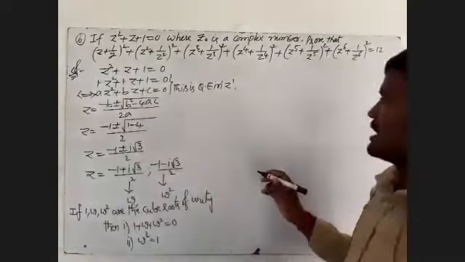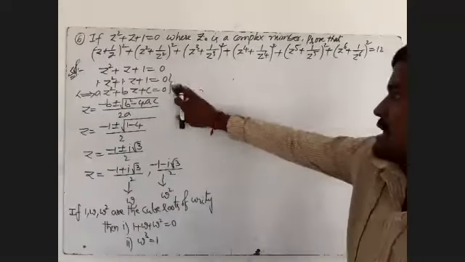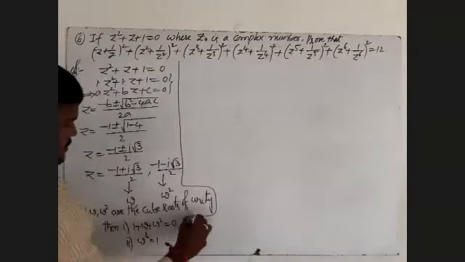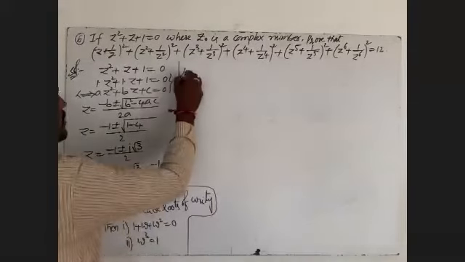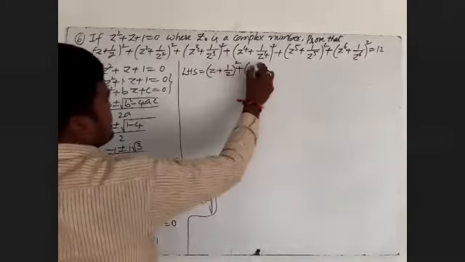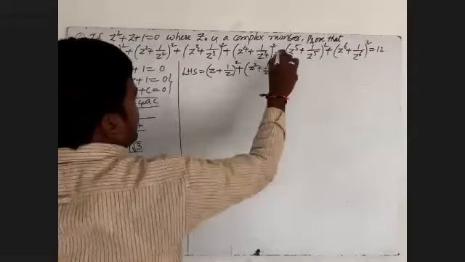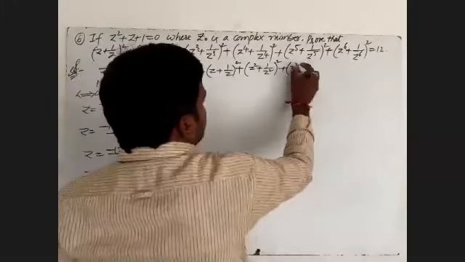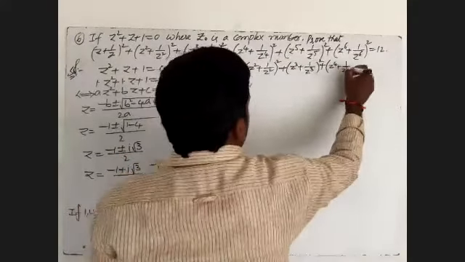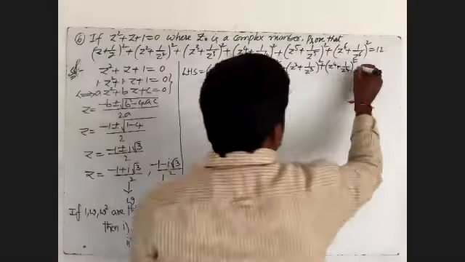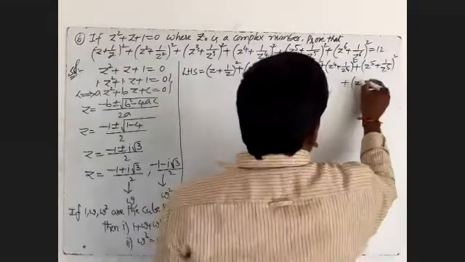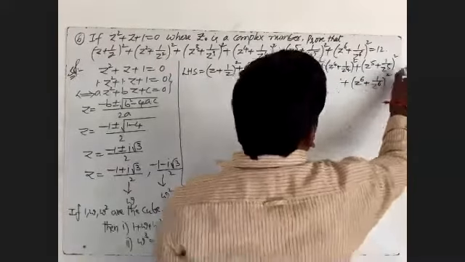Here I will take the value of LHS. First we will take the value of LHS: z plus 1 by z whole square plus z square plus 1 by z square whole square plus z cube plus 1 by z cube whole square plus z power 4 plus 1 by z power 4 whole square plus z power 5 plus 1 by z power 5 whole square plus z power 6 plus 1 by z power 6 whole square.